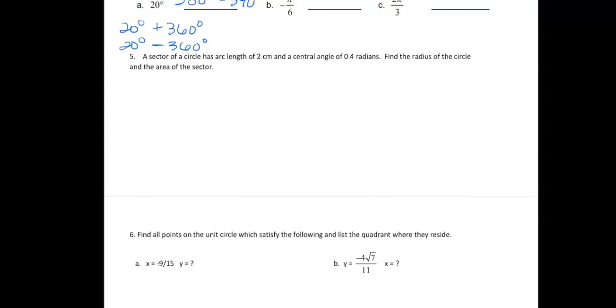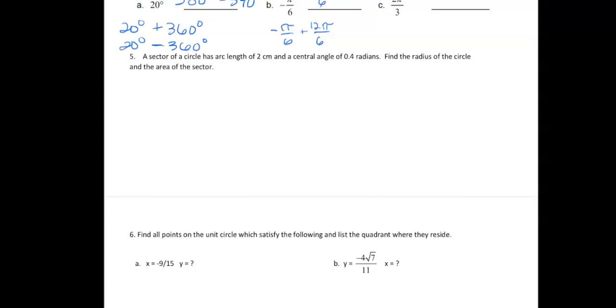Okay, next thing, I'm going to deal in radians. So in radians, I'm going to take my radian measurement, and I'm going to add a full circle. Now, a full circle is 2 pi, but I'm going to add it as 12 pi over 6 so that I can handle the sixths. Negative pi plus 12 pi over 6 is a positive 11 pi over 6.